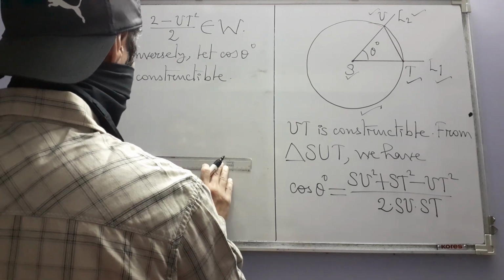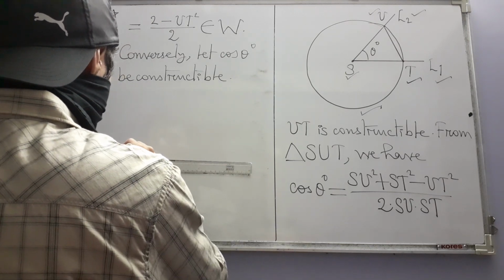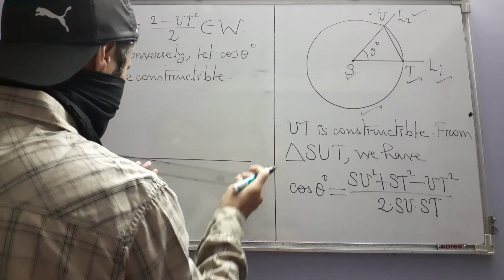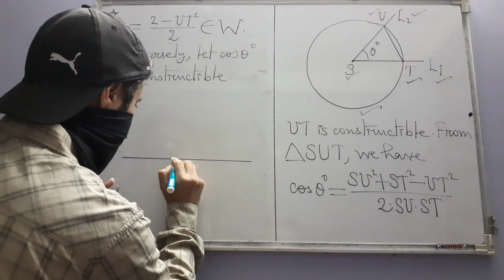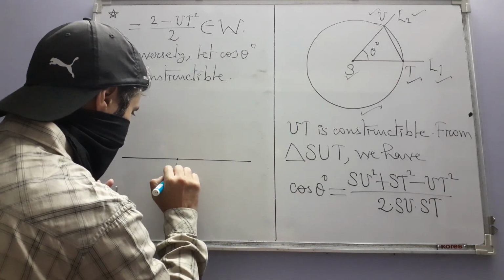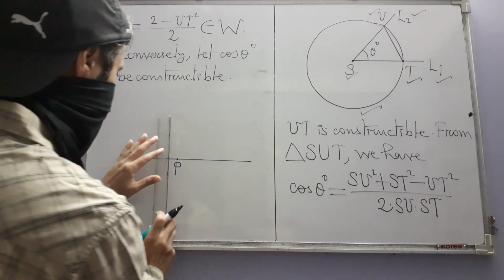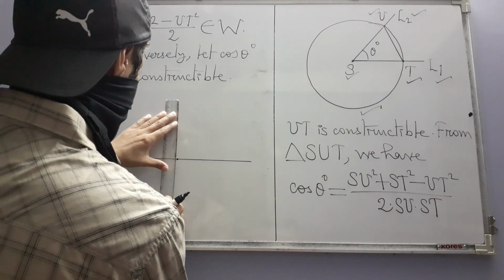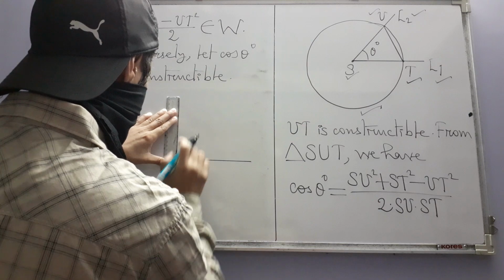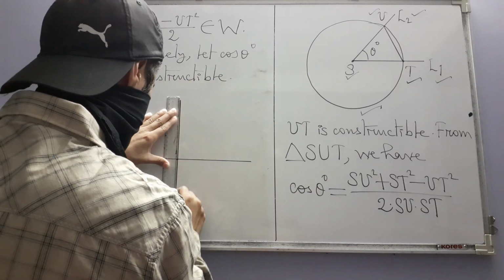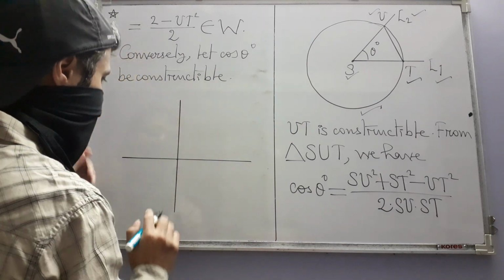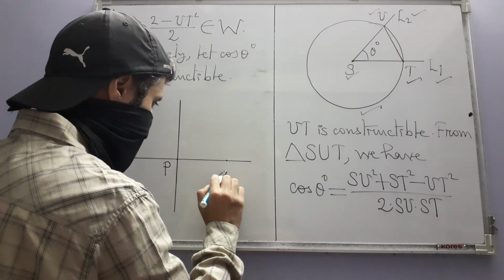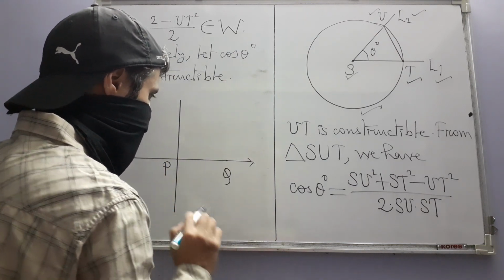Say we have P and Q and we draw x and y axis in such a way that P becomes the origin and Q lies on the positive x-axis.